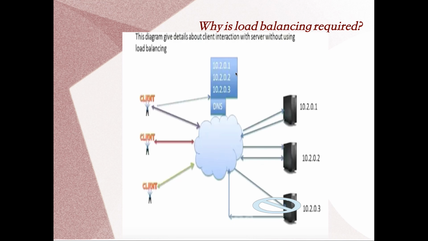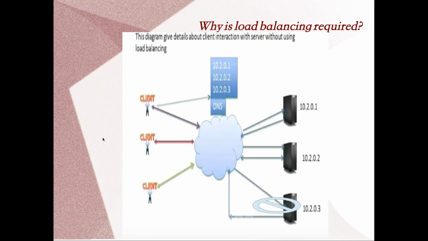Suppose we have three servers over here: 10.2.0.1, 10.2.0.2, 10.2.0.3. When a client generates a request for any one of them, the request is transmitted to that server, and that server in turn responds to that client.